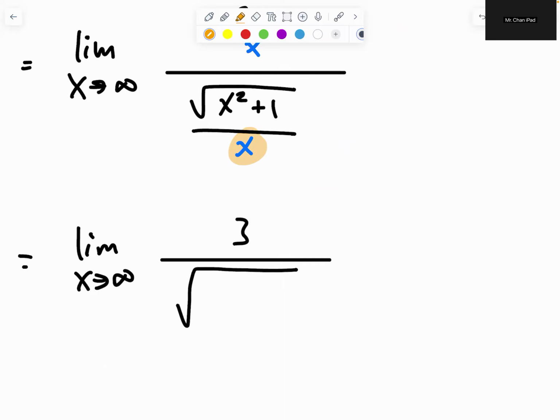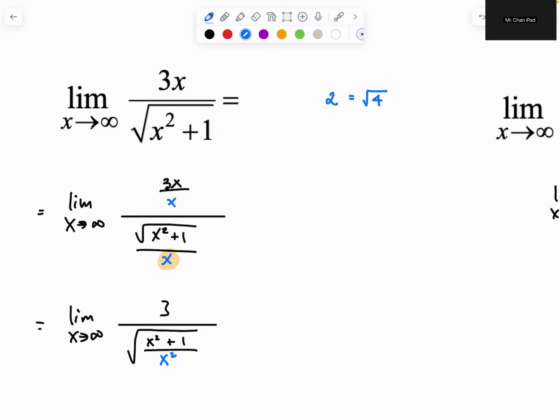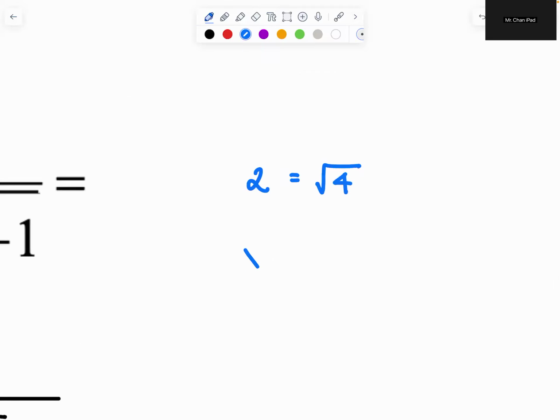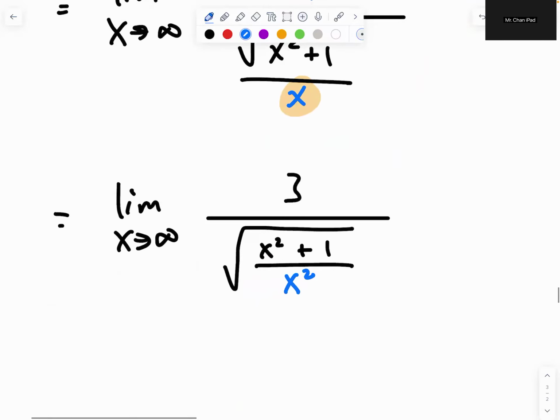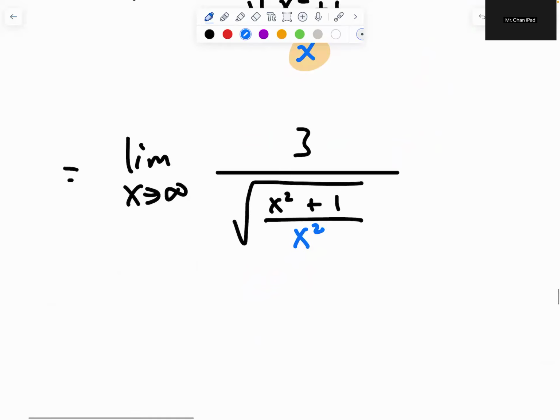We have to sneak this x into the square root. Are you okay that the x is now x squared, because it is now inside the square root? Just like how I said 2 is equal to the square root of 4, that means x is equal to the square root of x squared. Some people are not comfortable with this manipulation, but it's x on the outside, so it's x squared underneath the square root.